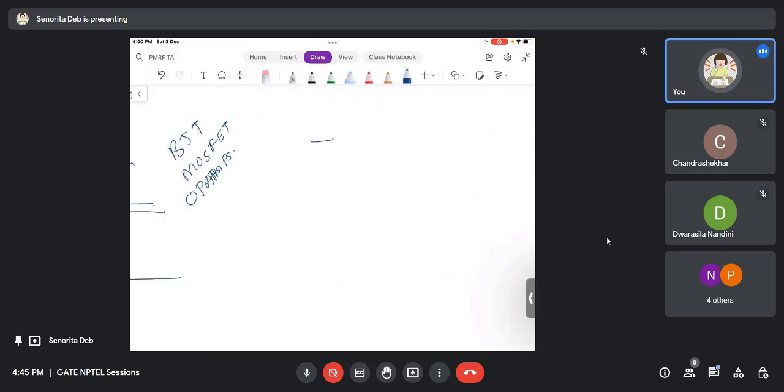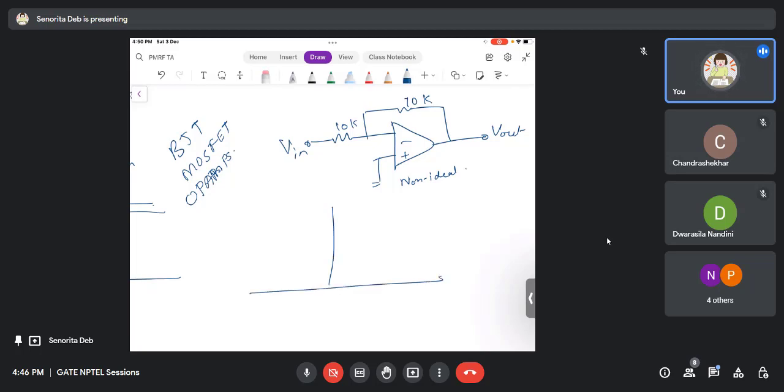Suppose I have this Opamp, and it is not having any caps, right, Chandrasekhar? But if this Opamp is a non-ideal Opamp, then what will its frequency response look like? It will look like this.